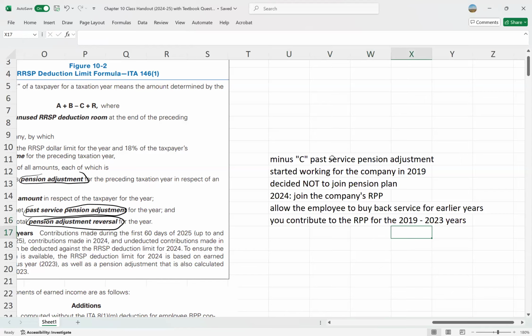And so let's say you put in 10,000. This is how much you contribute. And then let's say your employer also contributes 5,000. So they don't match it dollar for dollar, but just 50%.